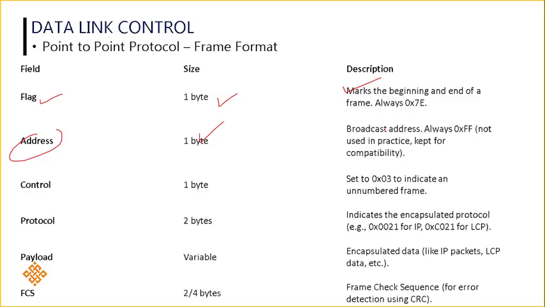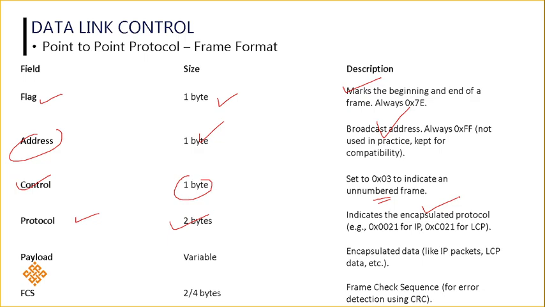This is nothing but a broadcast address where all the bits are set to 1. Next, we have 1 byte of control field, that indicates the unnumbered frames in the data, and we have 2 bytes of protocol field that indicates the encapsulated protocol.